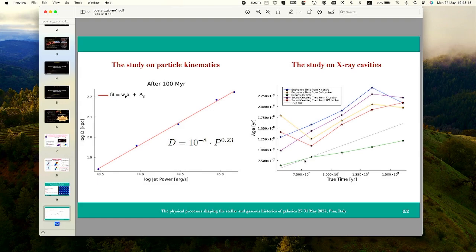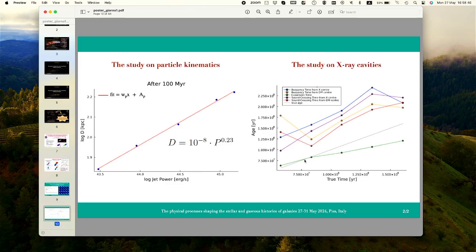And in order to obtain an estimate of the AGN power through the analysis of the observable properties of the X-ray cavities, we have to make a ratio between the energetics of these objects and their ages. But in literature, there are very different methods in order to get this quantity. So we wanted to analyze which is the best method to obtain this quantity, because of course it affects a lot the estimates of the power.